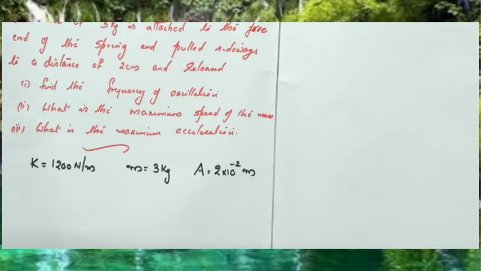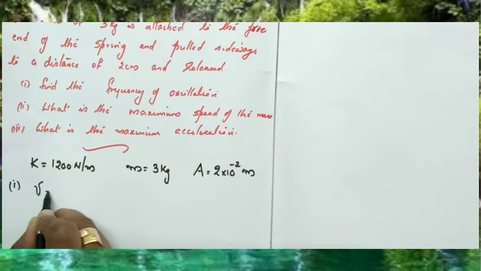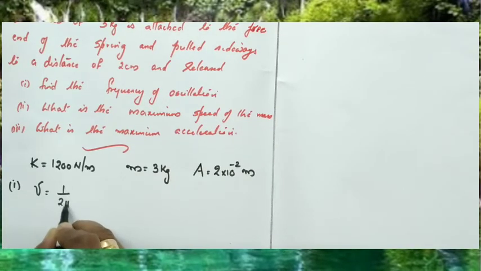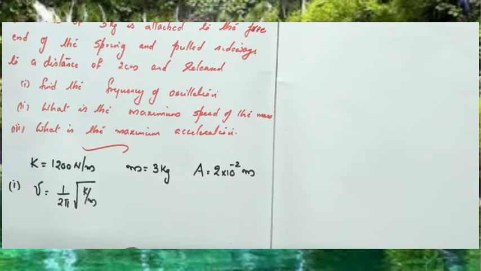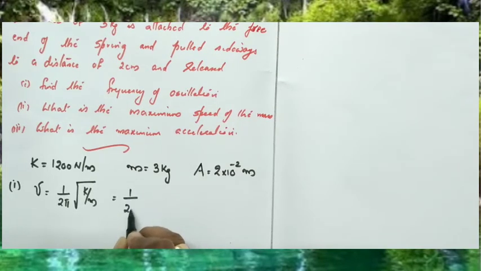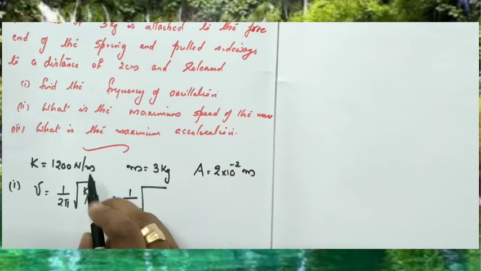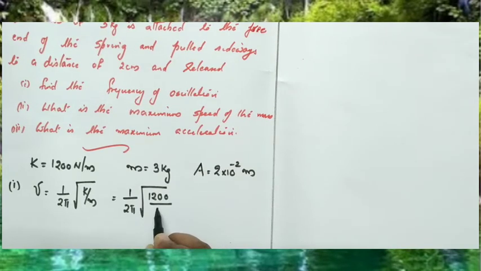First we have to find out the frequency of oscillation. Frequency is given by nu. Nu equals 1 by 2 pi root of k divided by m. This is the formula for frequency. It equals 1 by 2 pi root of k. What is the value of k? 1200 divided by mass, which is 3 kg.